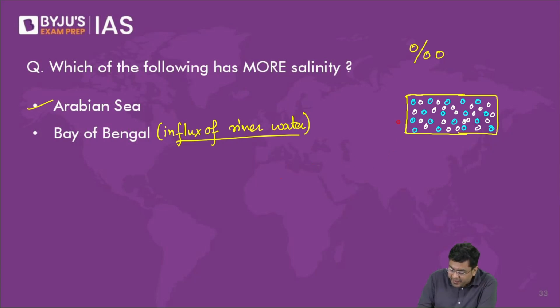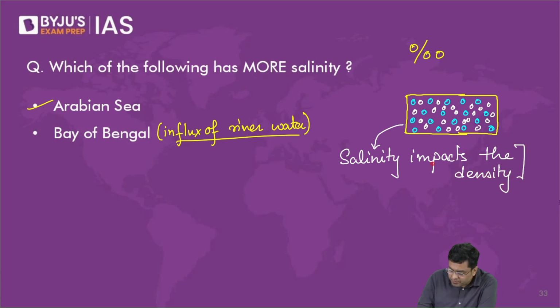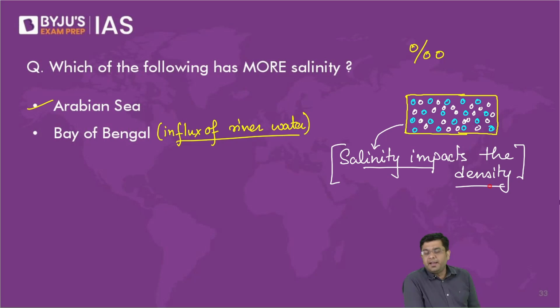So salinity ends up determining the density. Salinity tends to impact the density.